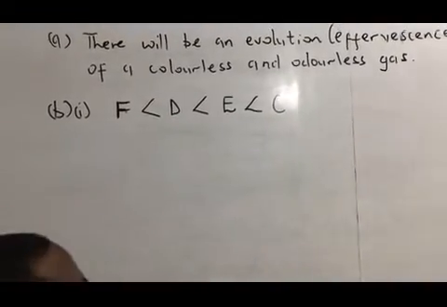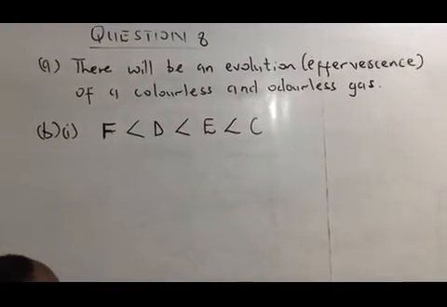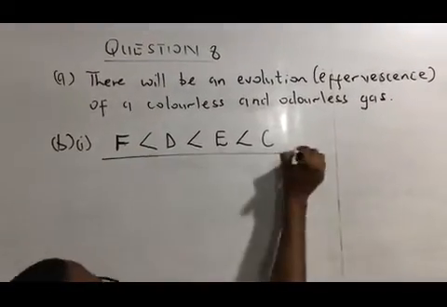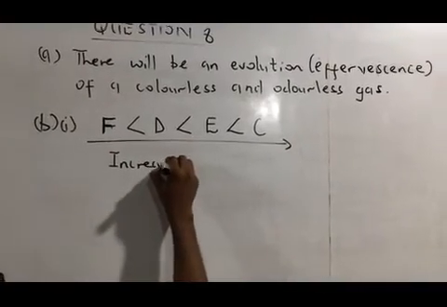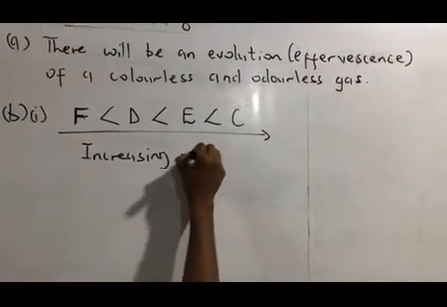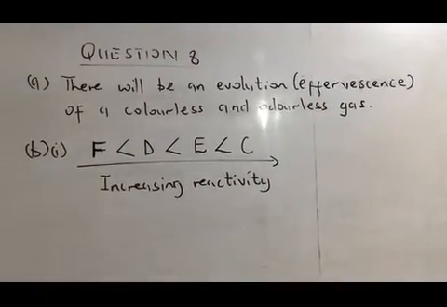If it is decreasing, then you start from the highest to the lowest, and there you make use of the greater than sign. So this is increasing reactivity.